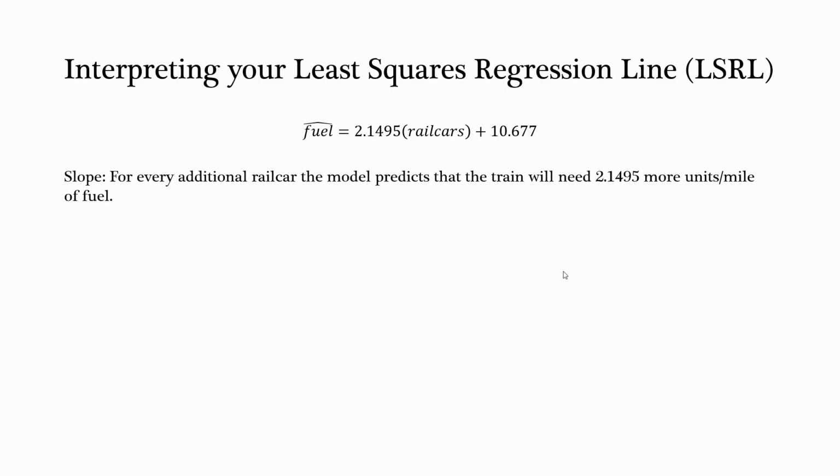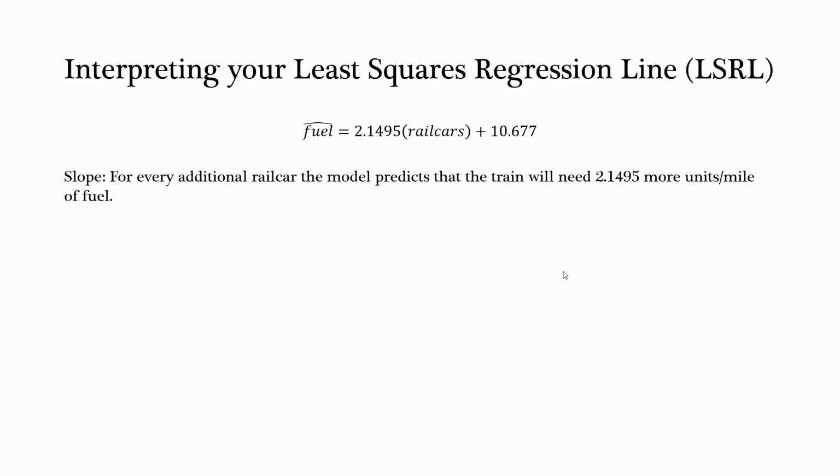Let's talk about what the slope and the y-intercept actually mean. My slope in this case is 2.1495 over 1. But what are the units on my slope? So the units on the slope will be the units for the response divided by the units for the explanatory variable.